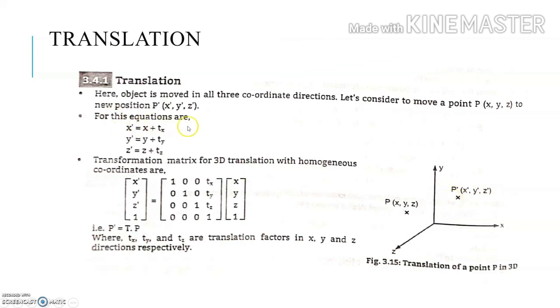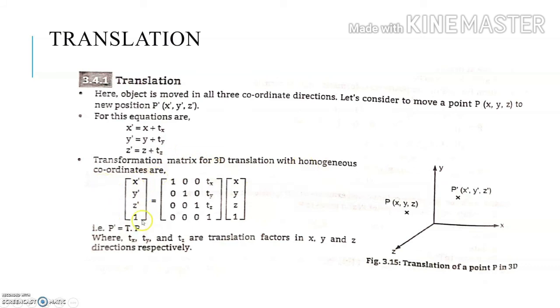Now how will we calculate the new x coordinate? x dash equals x plus tx. Tx is the translation factor, meaning by how much distance you need to translate x. Then y dash equals y plus ty, and z dash equals z plus tz. This is the transformation matrix for 3D translation with homogeneous coordinates.